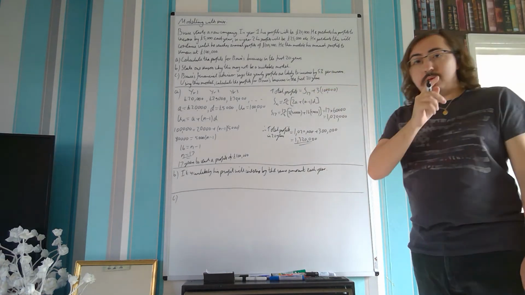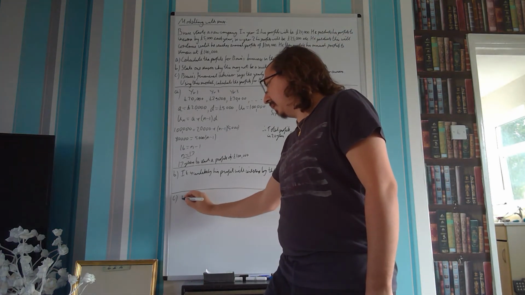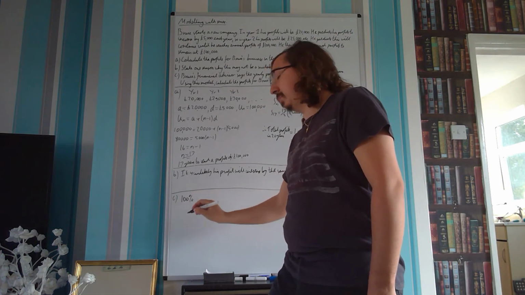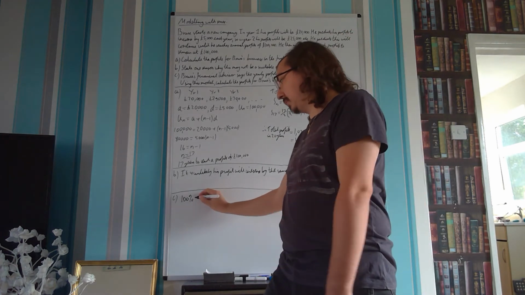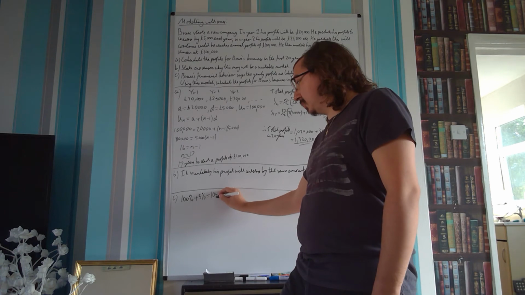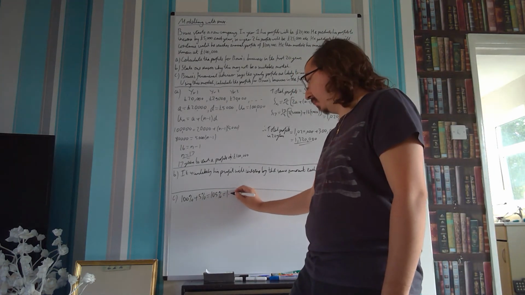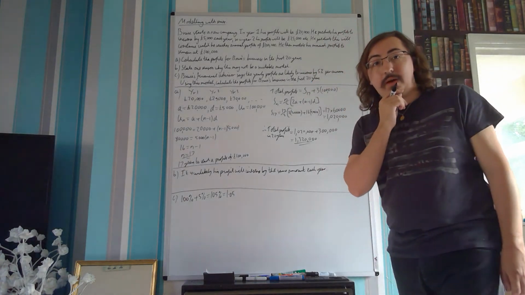Well, if we look at this then, what we can say is that if we're starting at 100% and we increase by 5%, we are adding on 5%, that gets us 105%, or, as a decimal, 1.05.